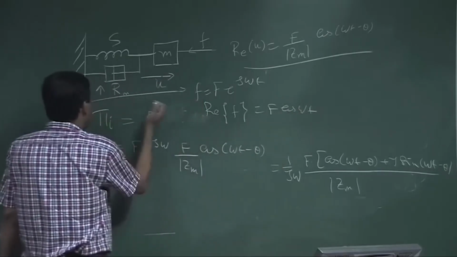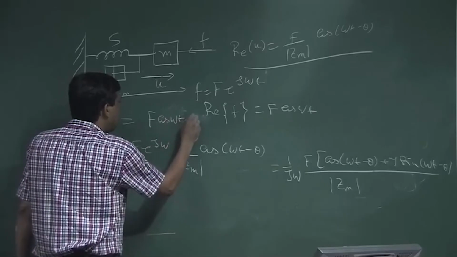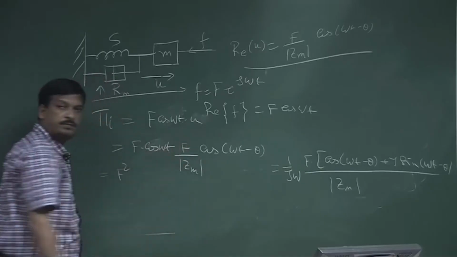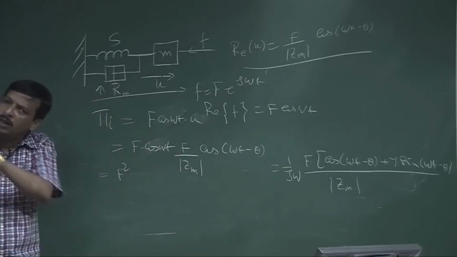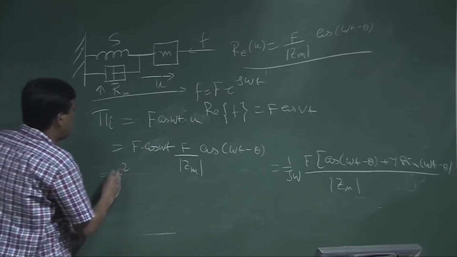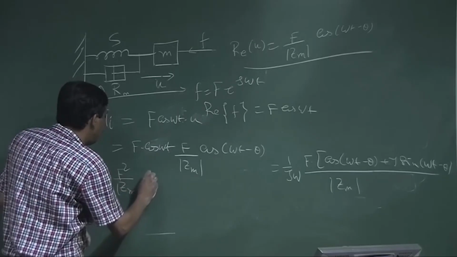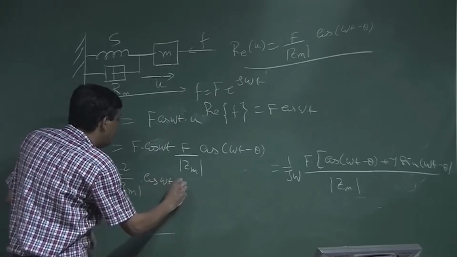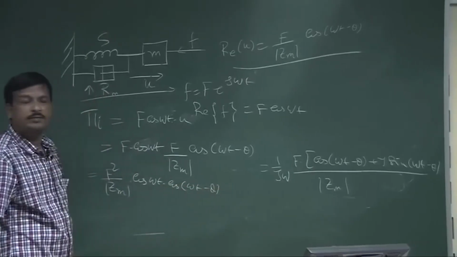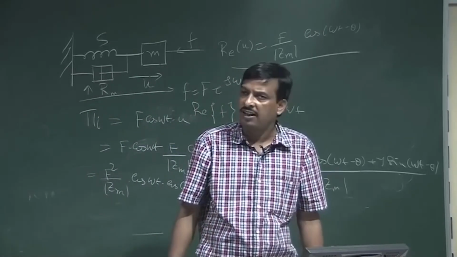So, instead of the complex part, I should write cos omega t into u. Real force multiplied by the real speed is the instantaneous power. So, instantaneous power is f square by mod of Zm into cos omega t into cos of (omega t minus theta). Okay. So, this is instantaneous power.